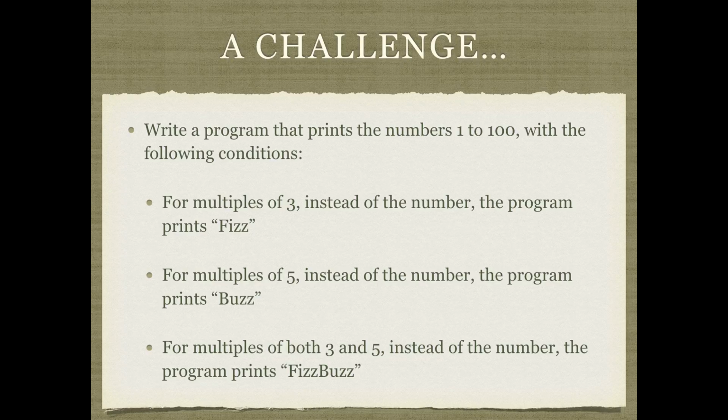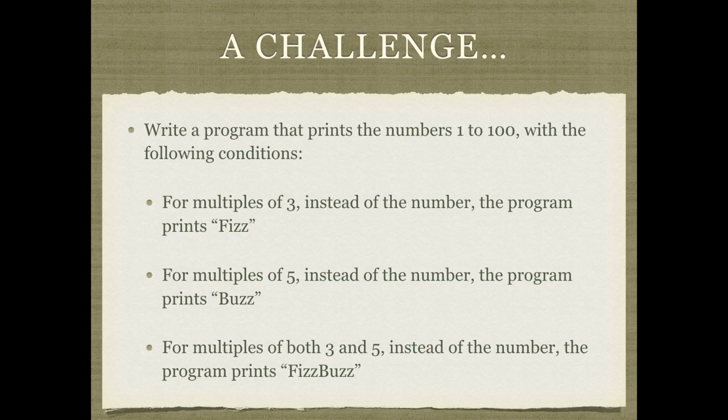For multiples of 3, like the number 3 or 6 or 9, instead of printing the number, the program should print the word fizz. So 1 and 2 are not multiples of 3, so you would print 1, then 2, then fizz. For multiples of 5, 10, 15, etc., you would print the word buzz.